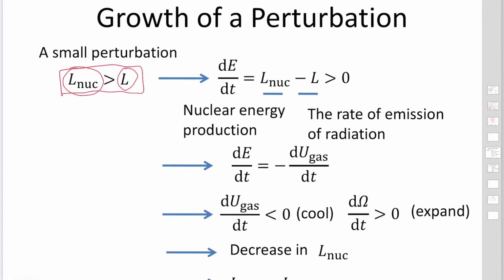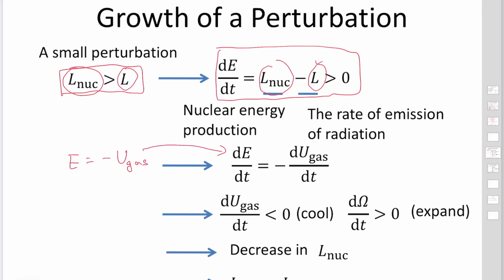Then energy is increasing, because energy production is larger than the rate of emission of radiation. So as I explained, energy is expressed as minus U_gas. So find the derivative, and you have these relations.